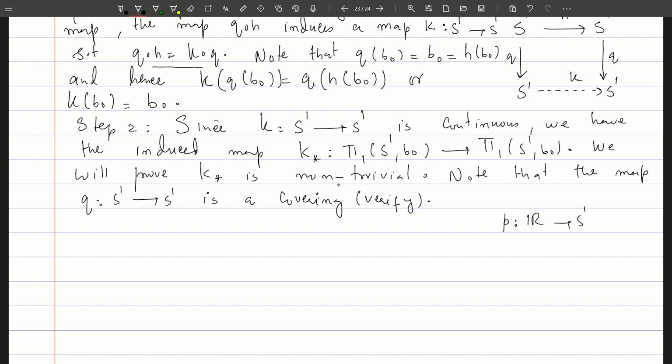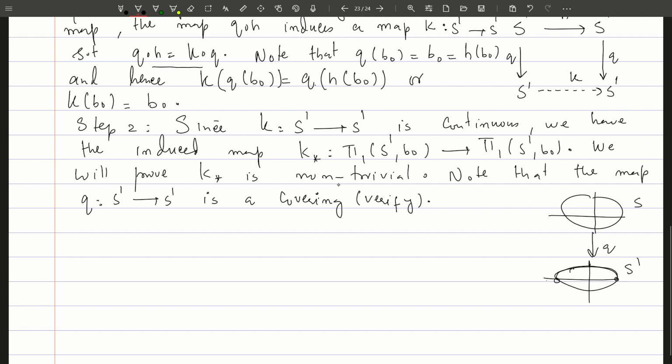So if for instance U is any subset, so we have this circle here and this circle here and we have this map Q here. So if U is the subset of S1 consisting of those points having a positive second coordinate, so I'm taking this open arc here.